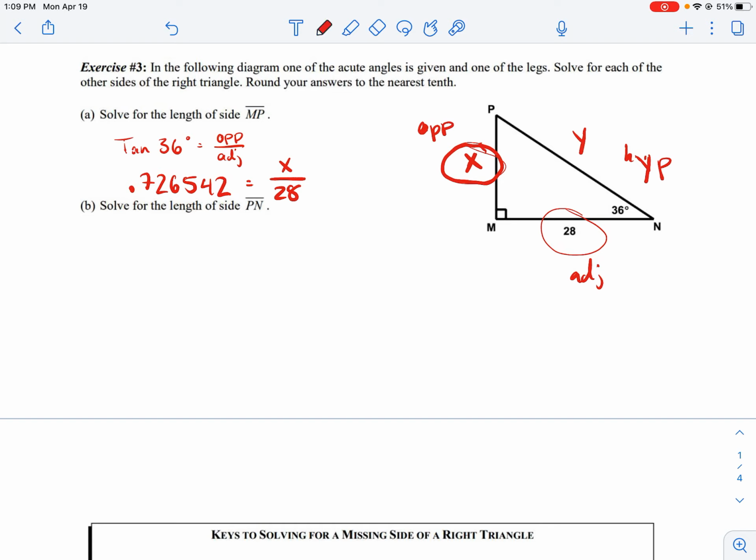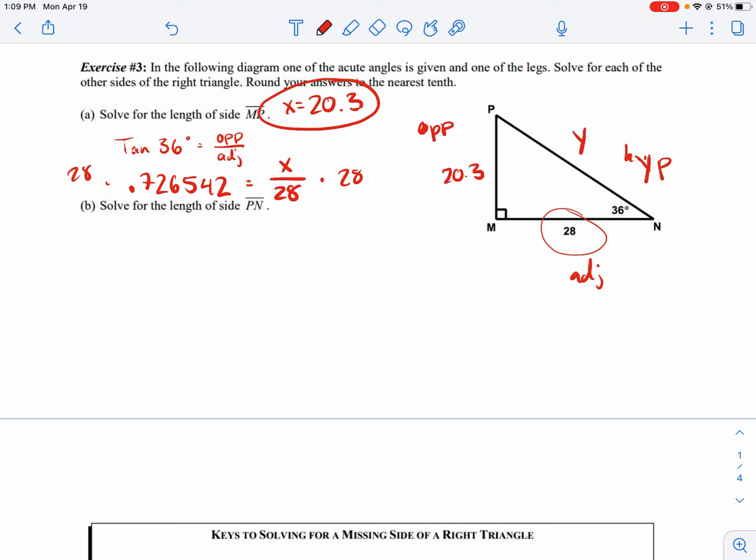In order to find that, we just multiply both sides by 28. Then x is equal to 20, rounded to the nearest tenth, 0.3. So this side is now 20.3. All right, and then it says solve for the length of NP.